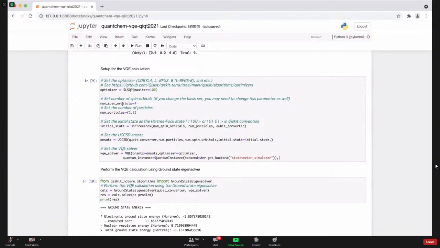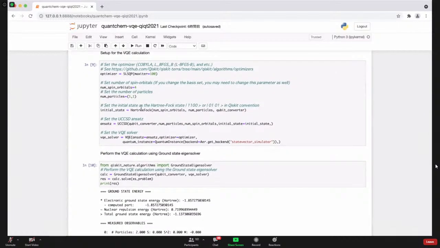So we have this parameter, and we tuck it in to get the Hartree-Fock state. So we first prepare the state of this form. So it's a single Slater determinant. And then we use the UCCSD ansatz to prepare the state more accurately.